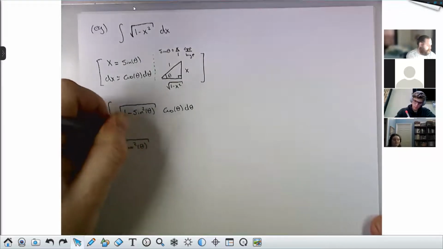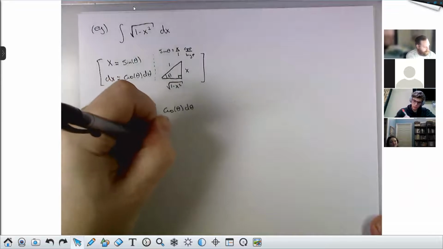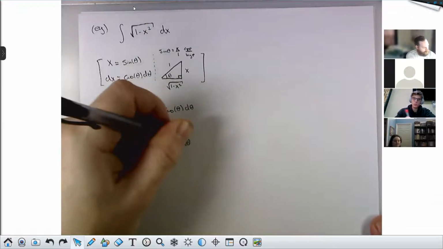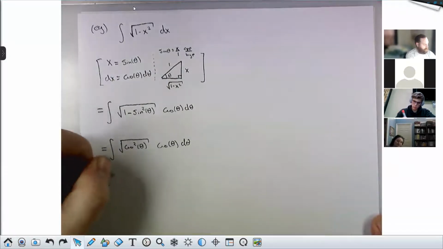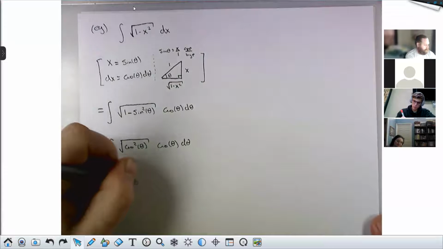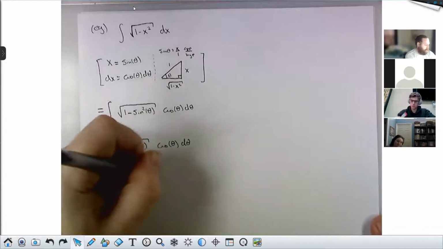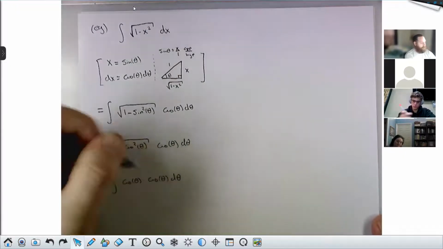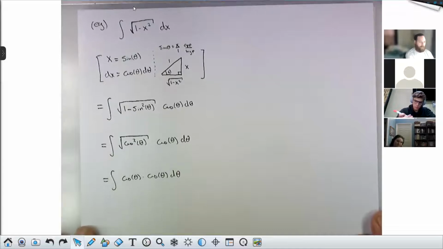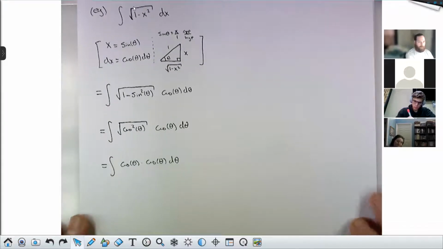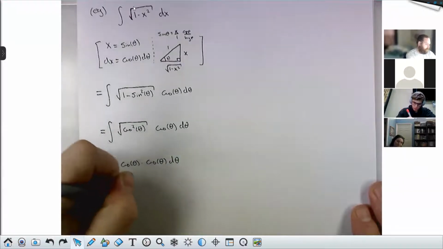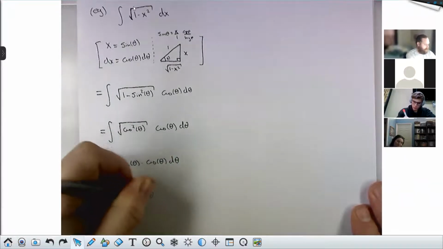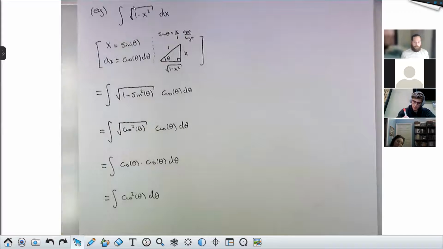So I have here the square root of cos squared theta times cos theta d theta. And the square root of cos squared is cos. So this is cos theta times cos theta d theta. And cosine theta times cosine theta is cos squared theta. So that's all the trig sub work done.